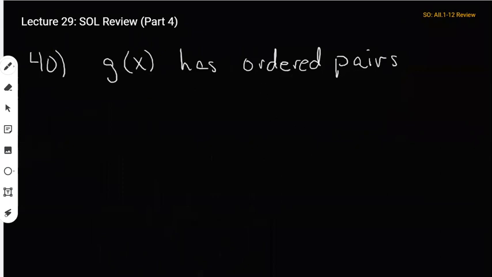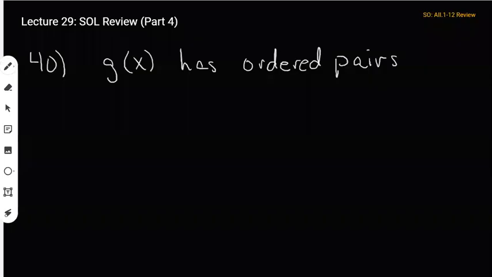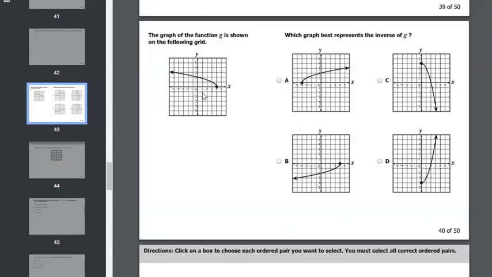So looking at the graph that I have right here, what are my ordered pairs that I can choose? Well, I can choose this dot right here. That would be the point 4, 0. And I need another point. Let's choose the y-intercept right here.